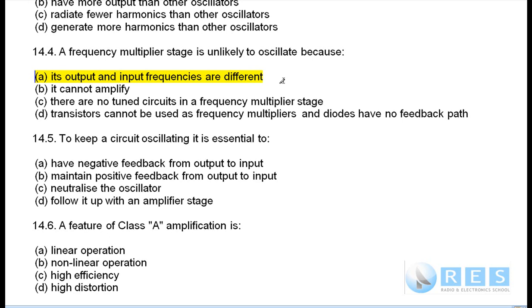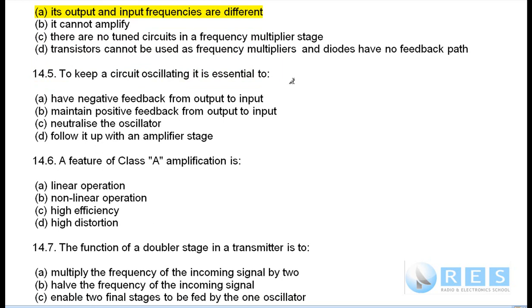For oscillation to take place, the input and output frequency has to be the same, and there has to be positive feedback. So doublers, triplers and quadruplers don't need neutralization because they're very unlikely to oscillate, because the output tuned circuit is tuned to a different frequency to the input.